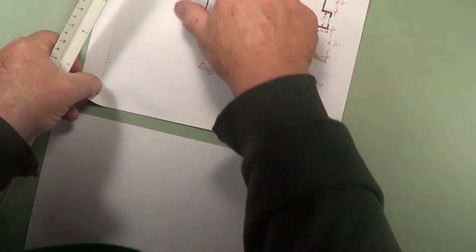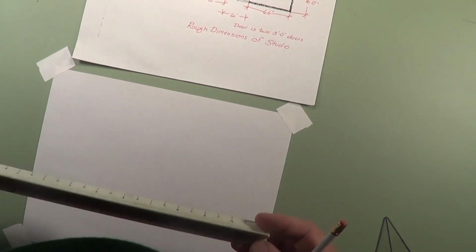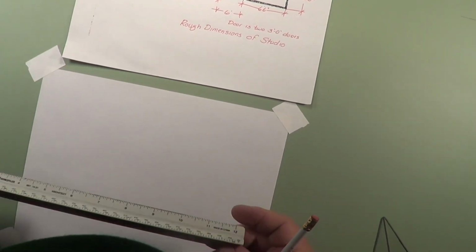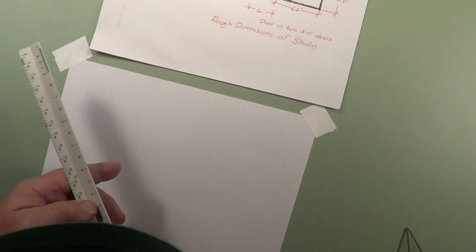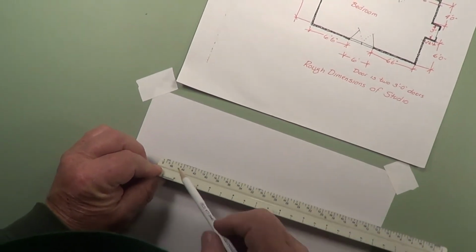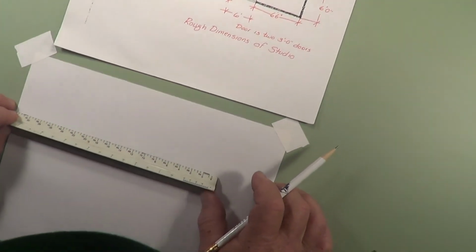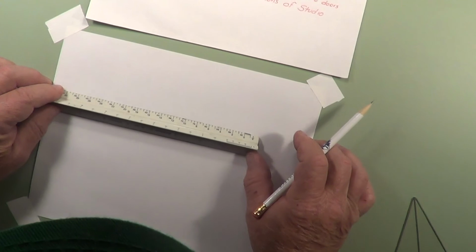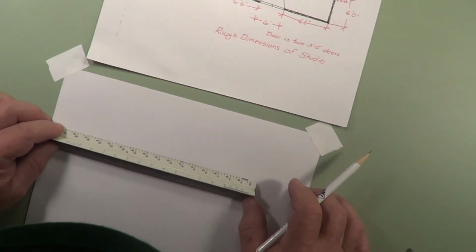So I'm going to move this up here, tape it down so that it's kind of out of my way. And I'm going to make sure that I've got my ruler positioned so that I've got the 1/4 inch foot side positioned. And there it is right there. You can see 1/8 inch at one end and 1/4 inch at the other. So first of all, I need to establish a line that's 18 foot 6 inches long.